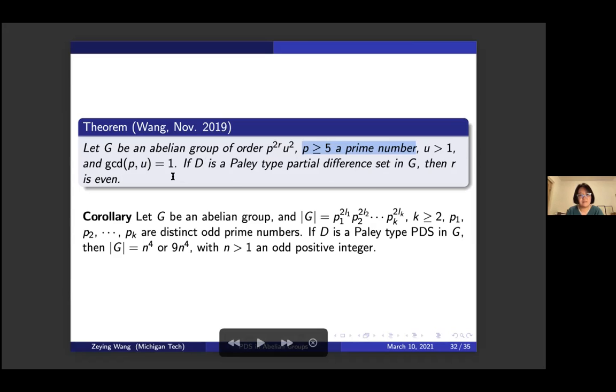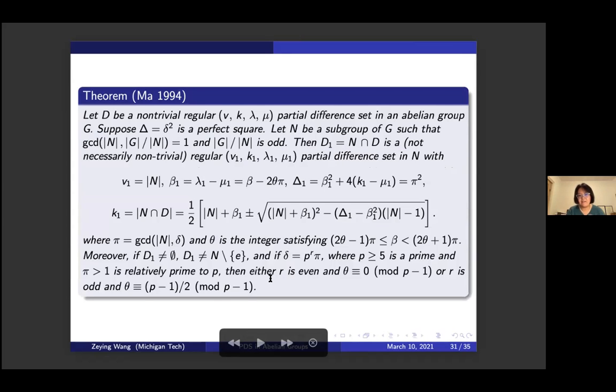The reason is, in this case, I can compute my theta. My theta is going to be equal to 0. And since I computed theta to be 0, it has to be this case. So that's how I proved r is even.